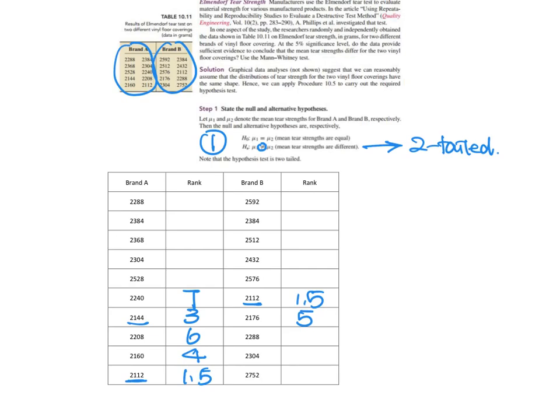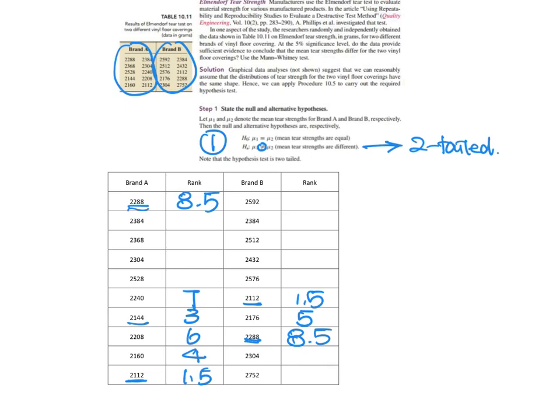The next one, rank 8, will be 2282, but we have another 2288. That is another tie, and they must be rank 8 and 9, so the average will be 8.5. So we already assigned rank 8 and 9, then the next one is rank 10.